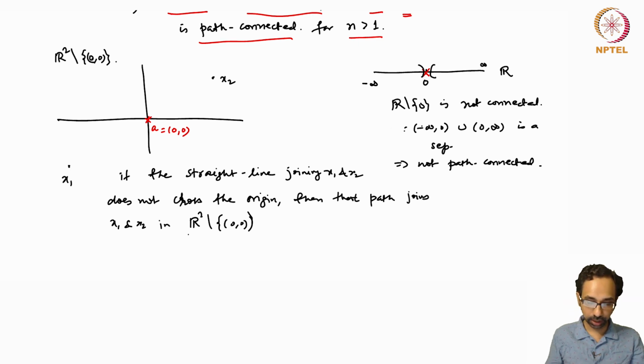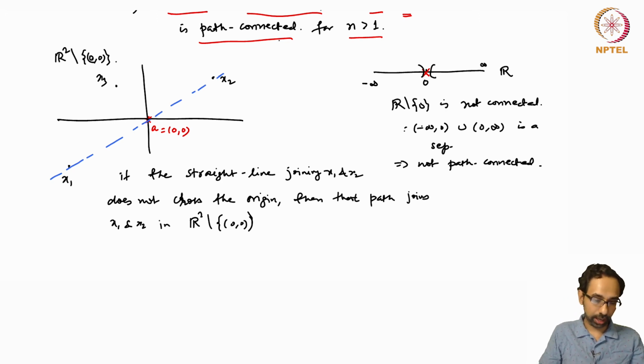However, it could happen that the straight line joining these two passes through the origin, but we have enough space, so we can take another point, let's say x3 here, which is not the origin and different from these 2 points as well, and does not lie on this line.